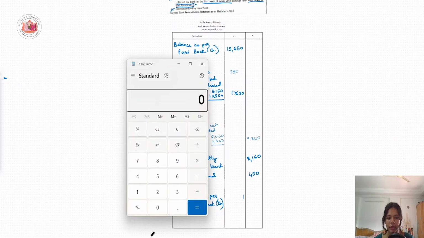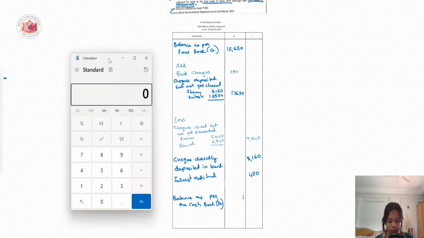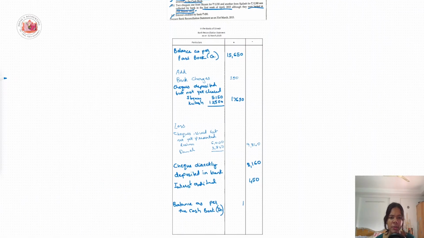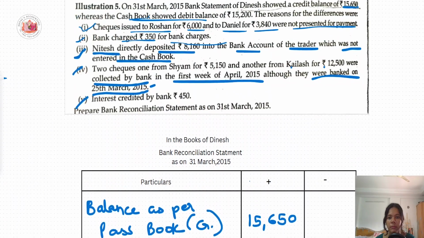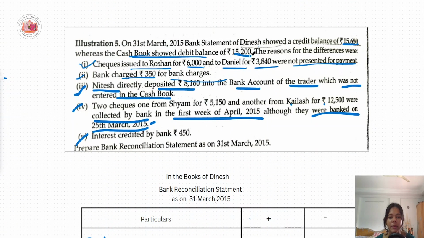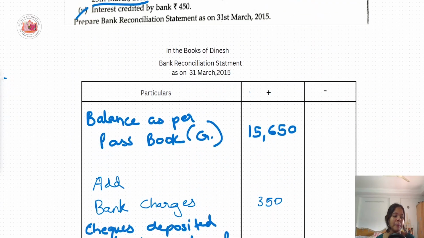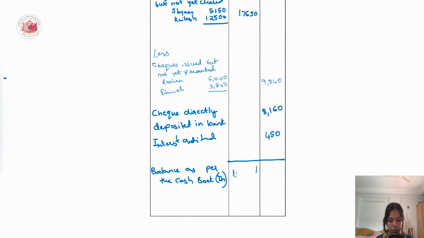Okay, now let's calculate the total. 15,650 plus 350 plus 17,650 minus 9,840 minus 8,160 minus 450 gives me 15,200. And what's the balance in the question? Debit balance of 15,200. Okay, so now I have got that. I'll write it down. 15,200.